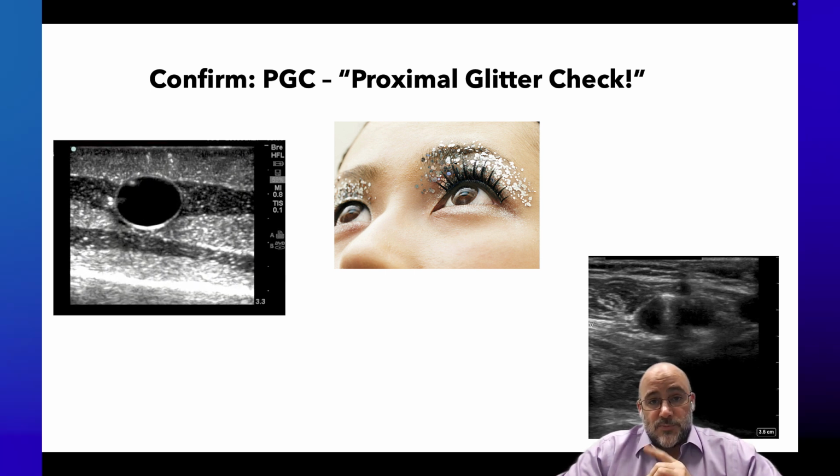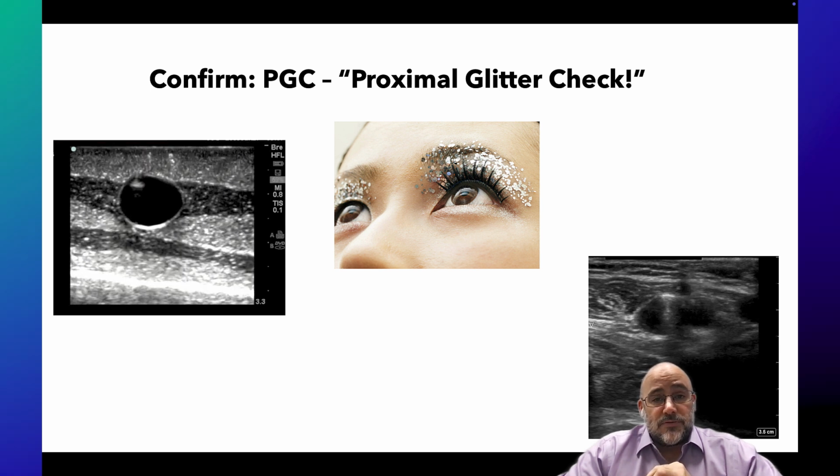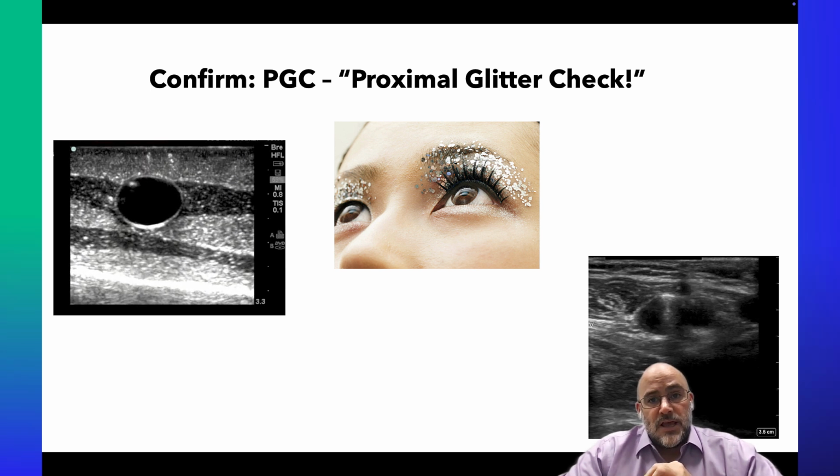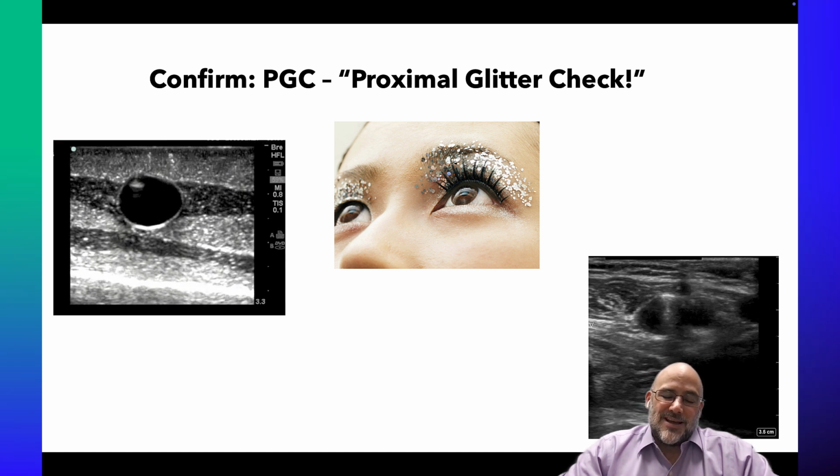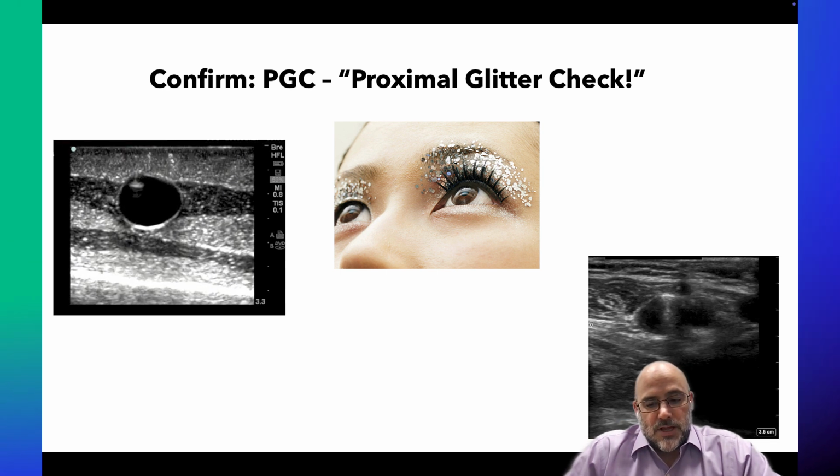So the problem there is, one, you haven't been successful, but two, if you try to push IV contrast, or certain significant medications like pressors or RSI medications, you're going to have an issue, because you're basically giving those medications sub-Q as opposed to in the vessel. So this proximal glitter check is one of the best ways to check for that.